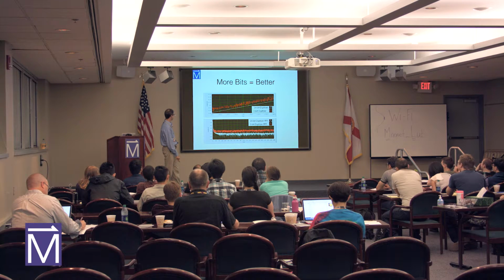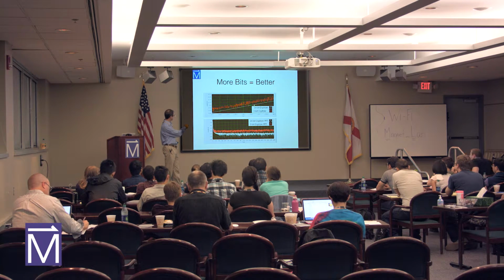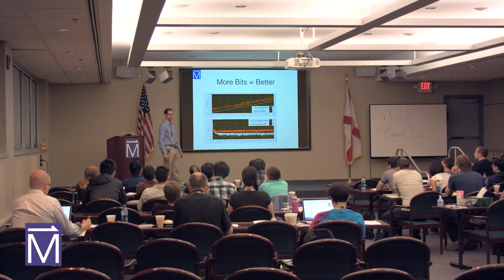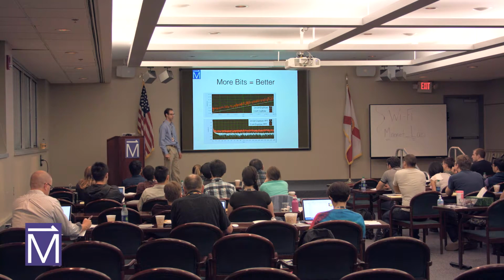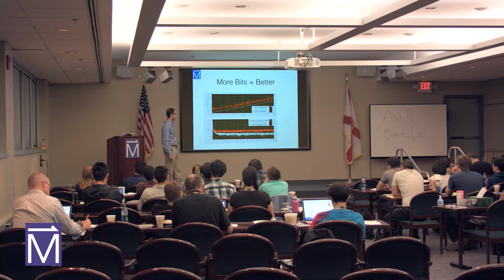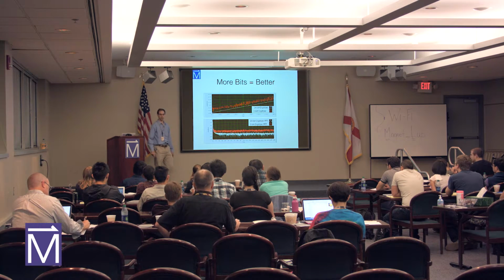The 8-bit version has maybe proportionally the same size up and down, but it's all scaled up by, well, 14 to 8 is 5 steps. So that's 2 to the 5, a factor of 32. So every time you add a bit, you get a factor of 2 better data. That's actually pretty powerful.